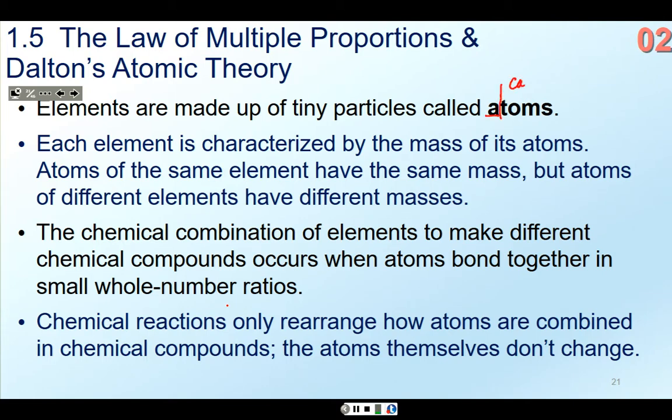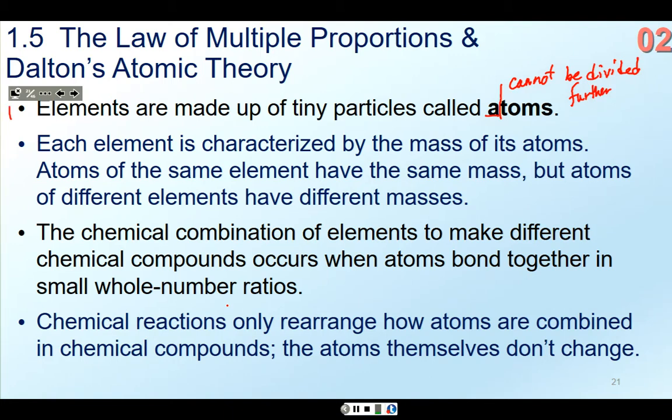It cannot be split and still be an atom, or still be the same substance. It cannot be divided into anything smaller, and that's what elements are composed of. The tiniest particle is called an atom. It cannot be divided further. If you split it further, it's no longer the element, and it has different characteristics.